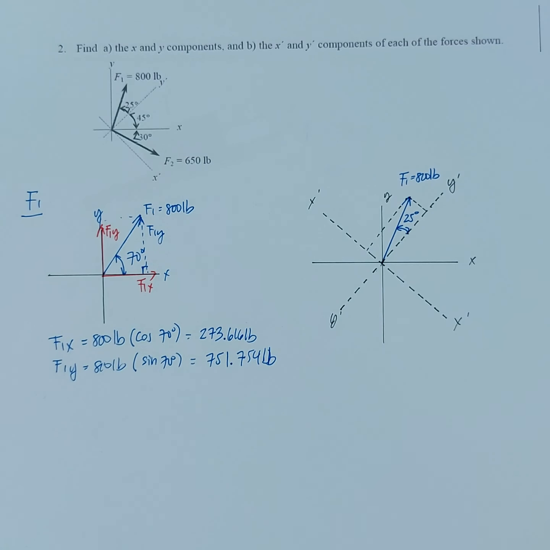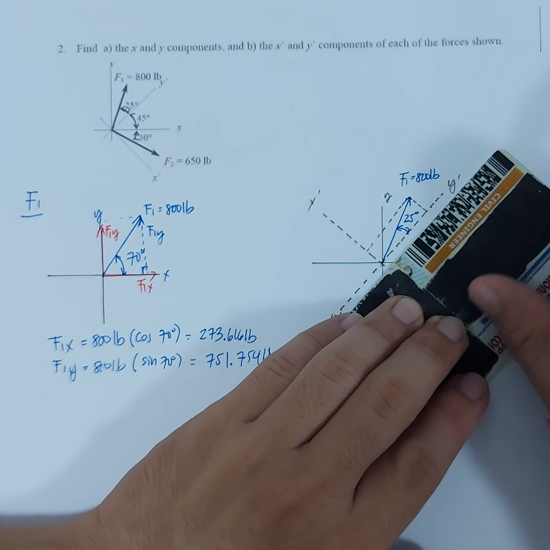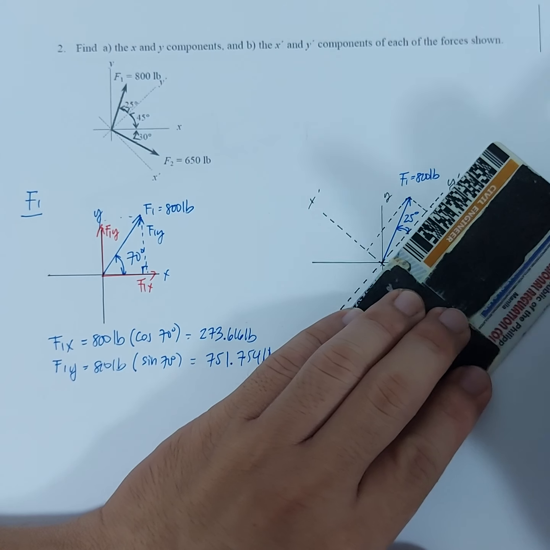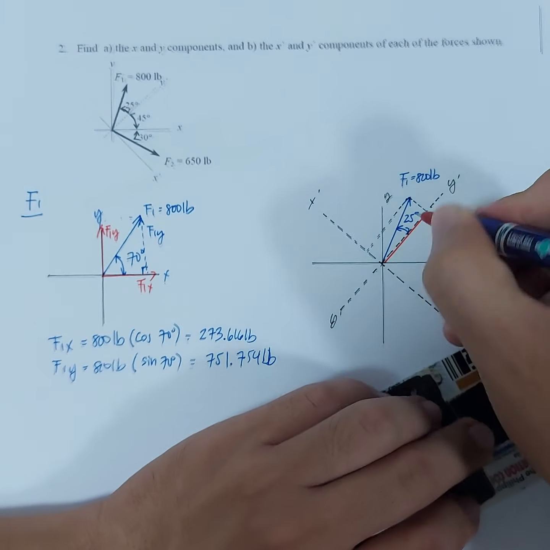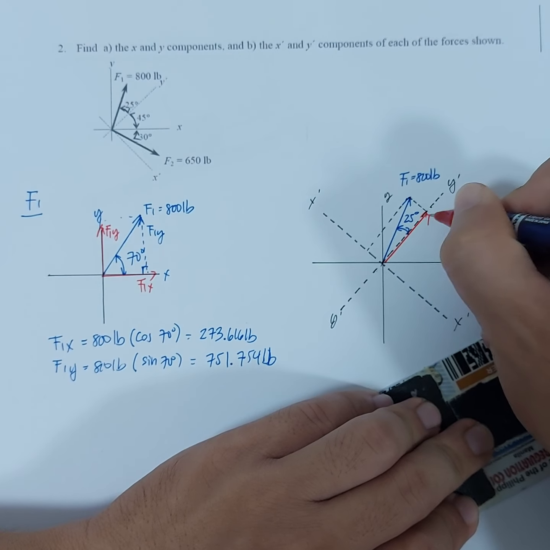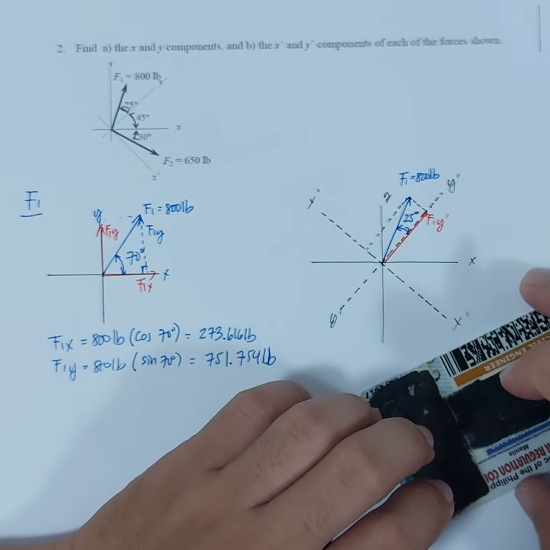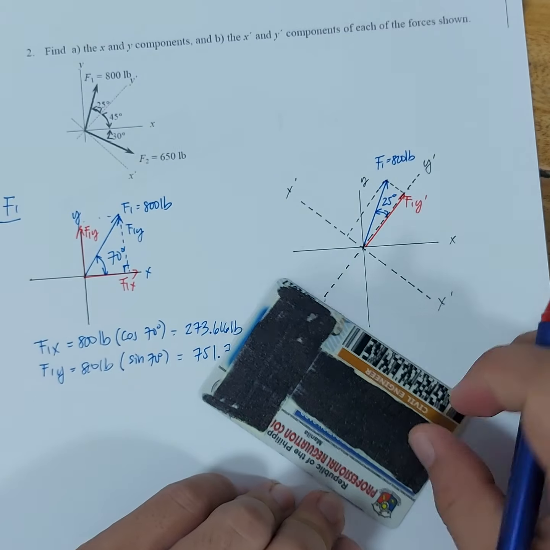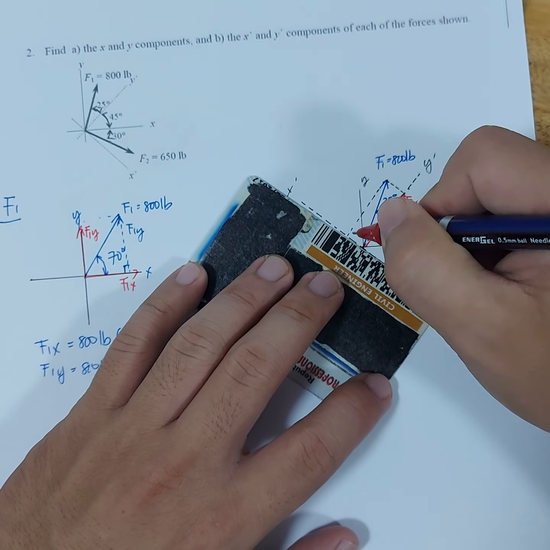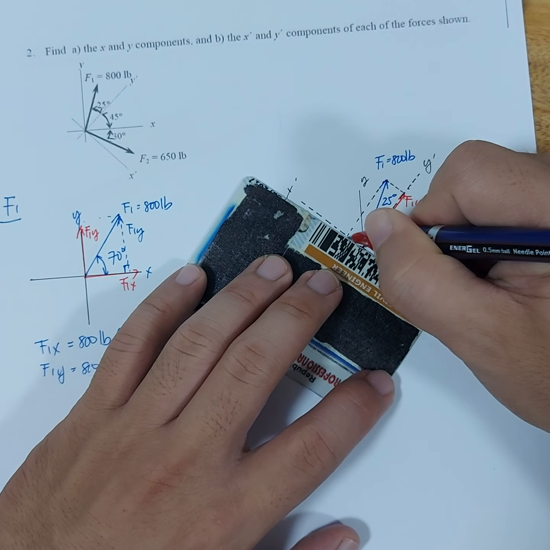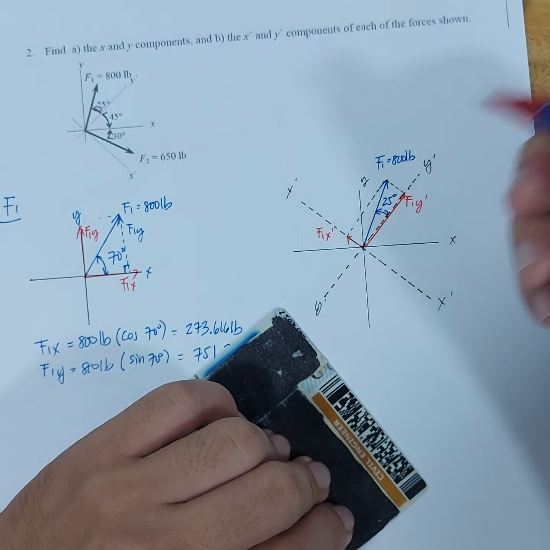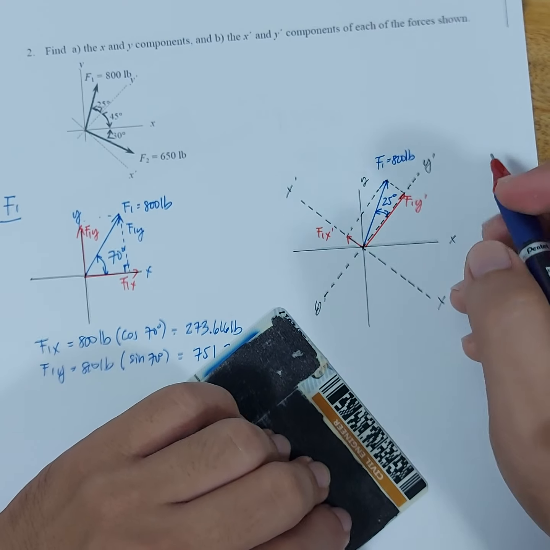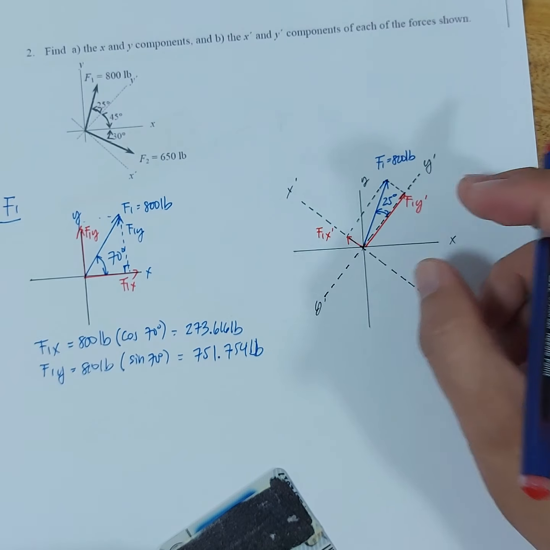So ito yung components natin. So this would be F1y prime. And saan yung x prime component natin ay nandito. So this is F1x prime.